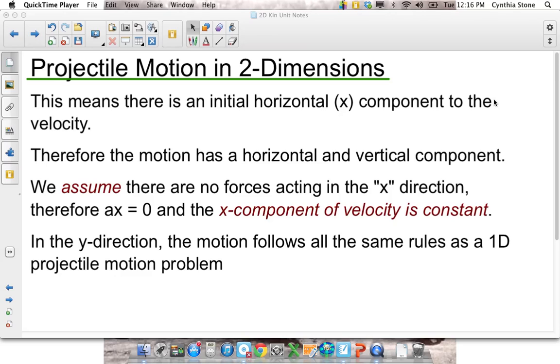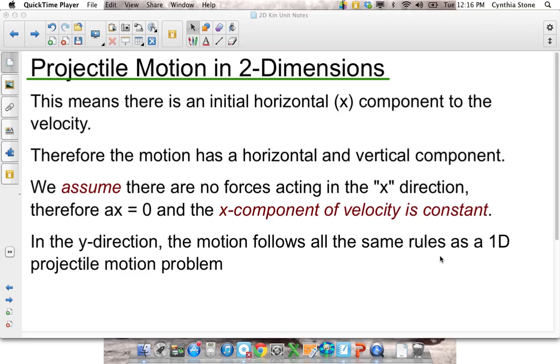One thing that we make the assumption every single time, unless it's sort of a thought experiment or a word type answer, but not with math, is that there's no forces in the x direction. We're assuming there's no air resistance, so the thing's got the same x component of velocity the entire time. So the x velocity is like a uniform motion problem almost, in the x direction.